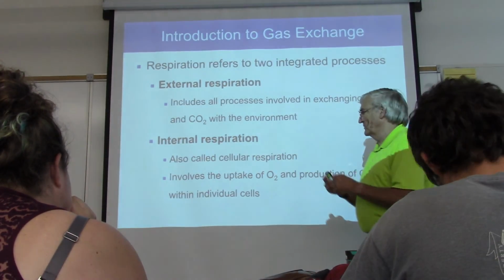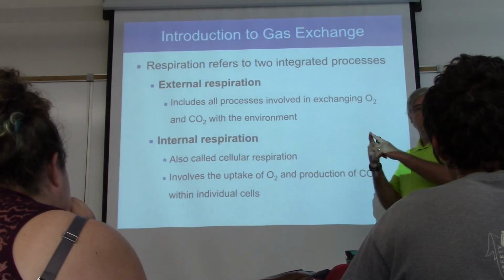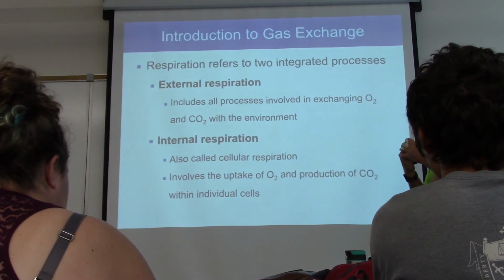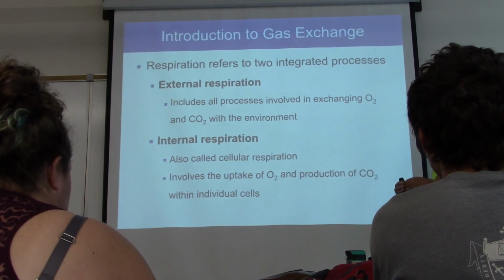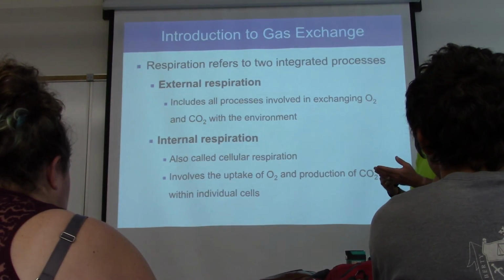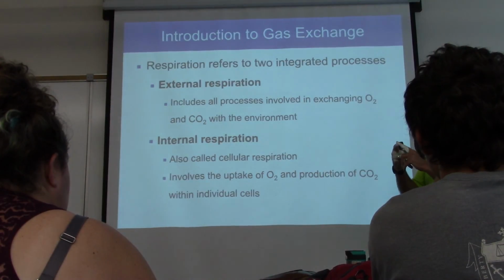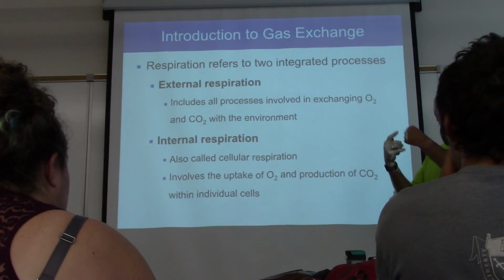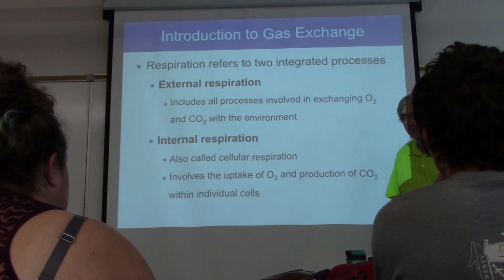So the oxygen goes out of the capillaries, out at your finger level here, goes into the cells out there, and we call that side of things where it's unloading the oxygen and where it's picking up the carbon dioxide, because your finger made a bunch of carbon dioxide that's gathered out there, and it's got to get back in the blood to get back to your heart. We call that internal respiration.